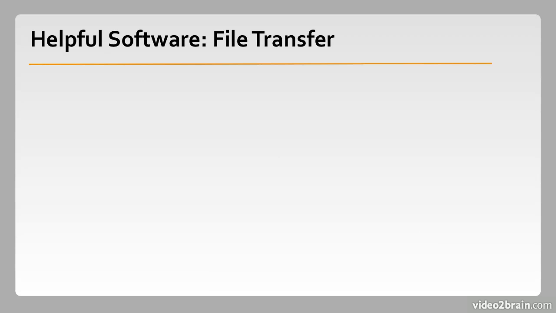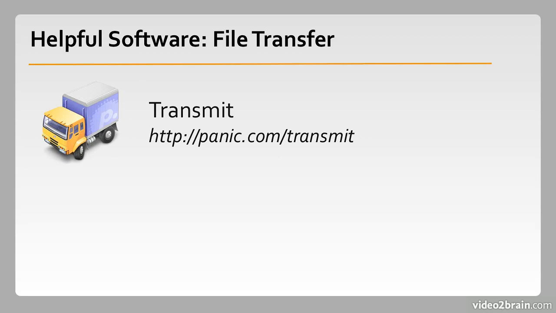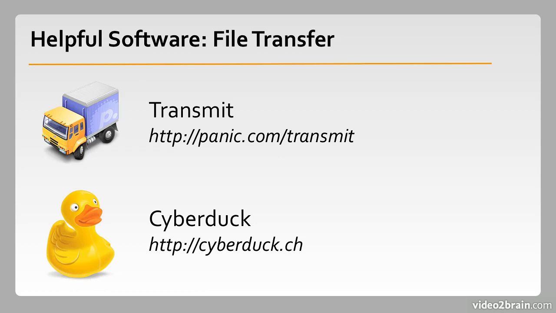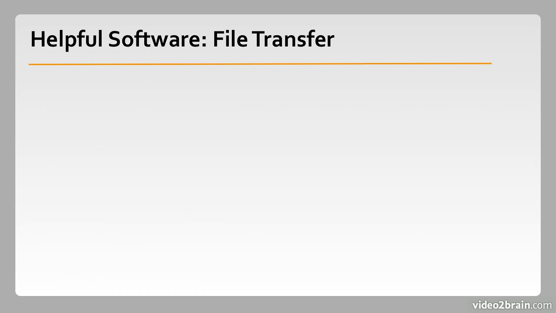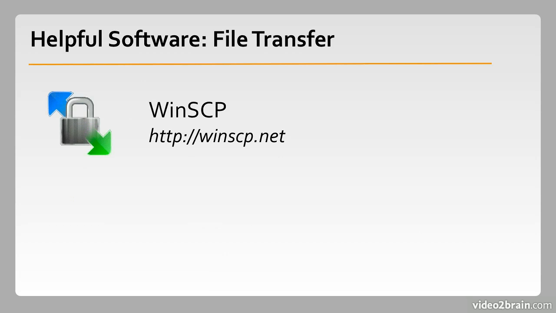Next up are the file transfer applications that we'll be using to move files between your computer and the server. Again, I'm using a Mac, and a very nice option that I like is Transmit by Panic. A free option is CyberDuck. These are both Mac applications. If you're using Windows, another option is WinSCP.